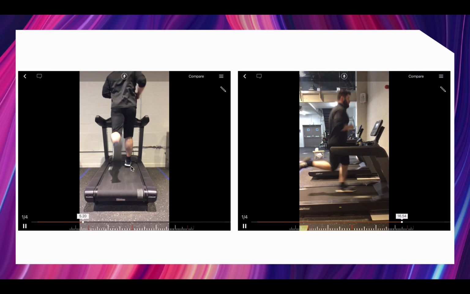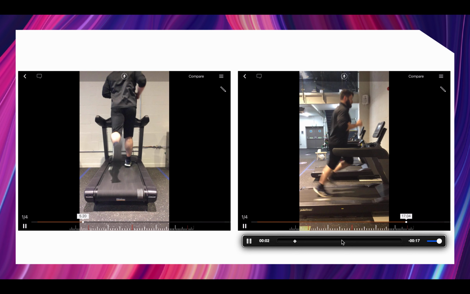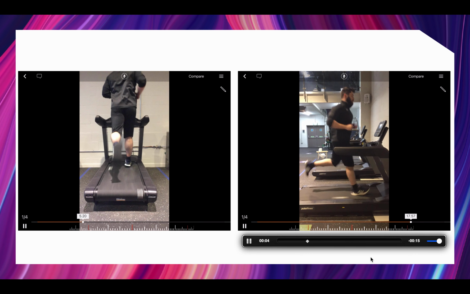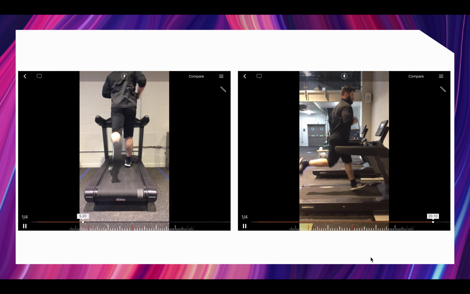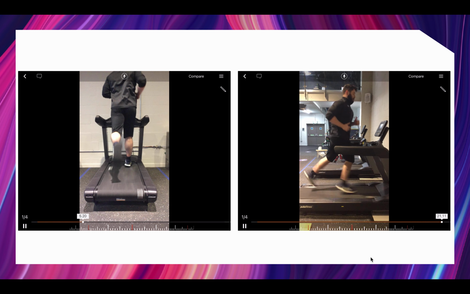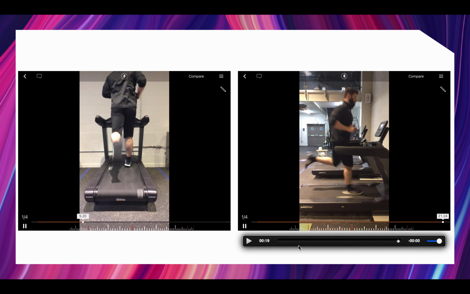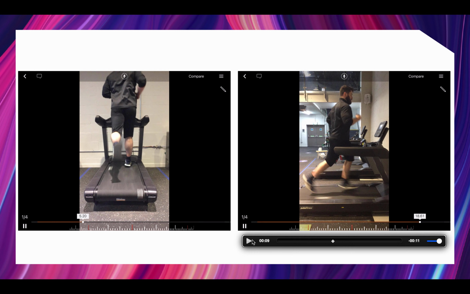So if we look here, first we're going to look at this side view, and straight away it looks more like a running style. He's still not swinging his legs as much, he's still not swinging his arms as much, but it looks more like a running style. So what things might we expect to see change-wise? I'll play that from the middle again.